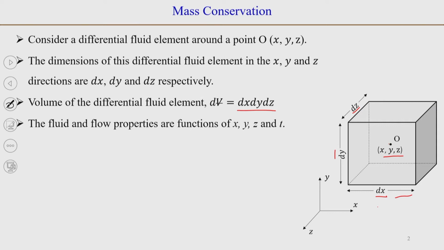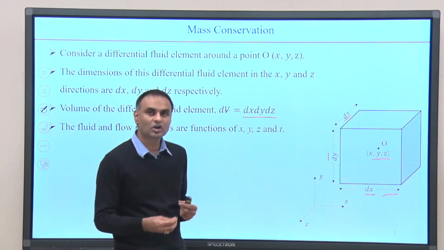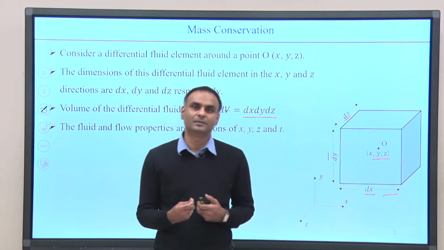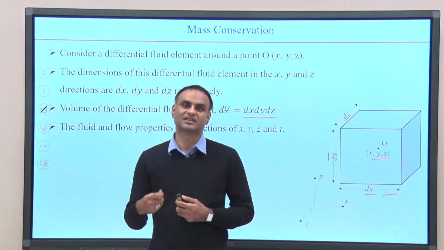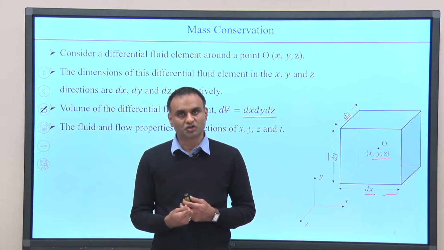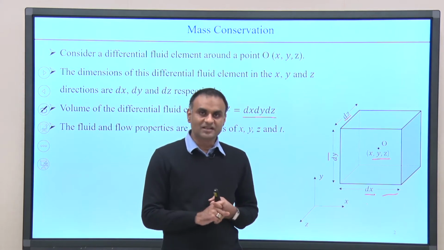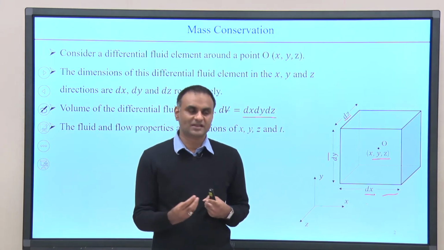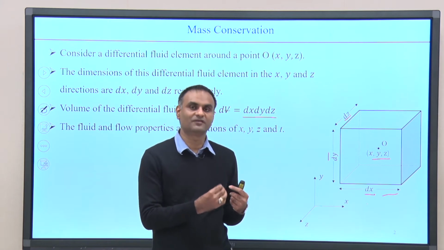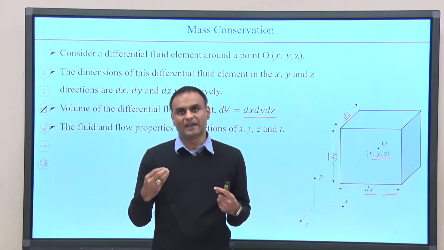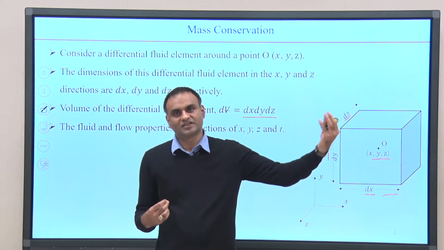We will not assume anything about the independence of the fluid or flow properties. When I talk about fluid properties, I am talking about properties such as density and viscosity. Density can be a function of space, that means the density can be different at x1, y1, z1 and x2, y2, z2.